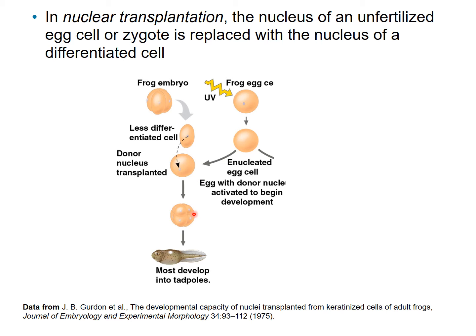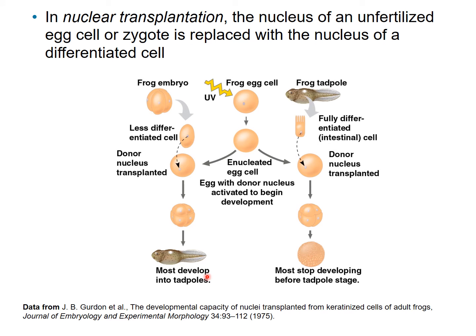Then they allowed it to grow and start to undergo development. Most of the frog embryos had developed into tadpoles, so it was pretty promising. This is as opposed to a fully differentiated cell.